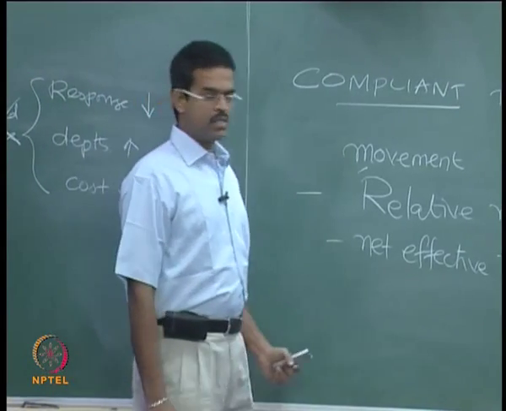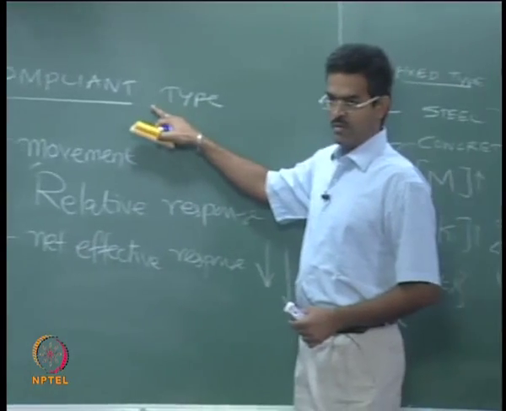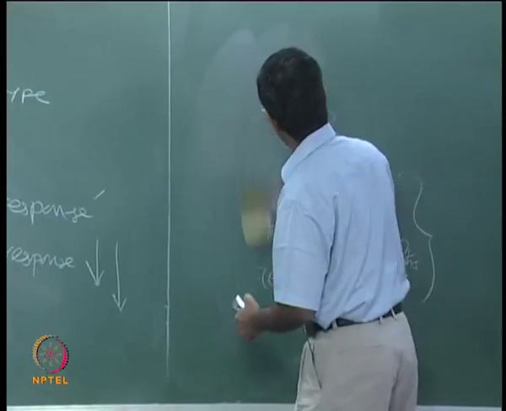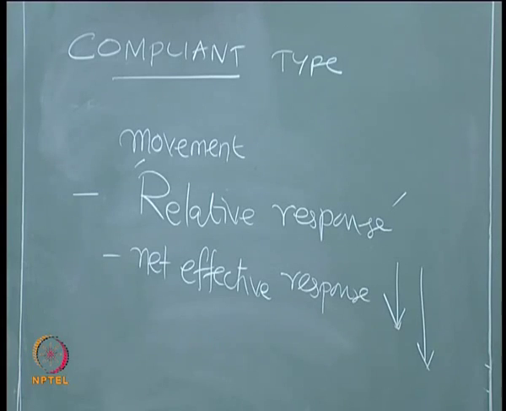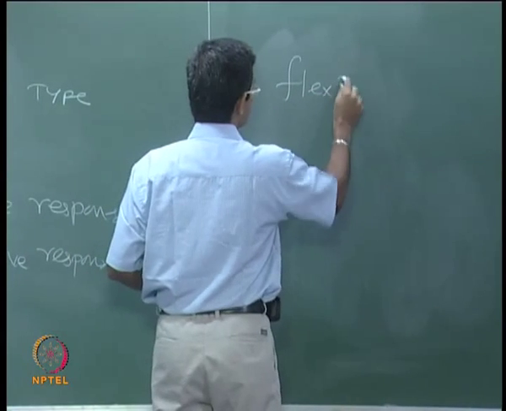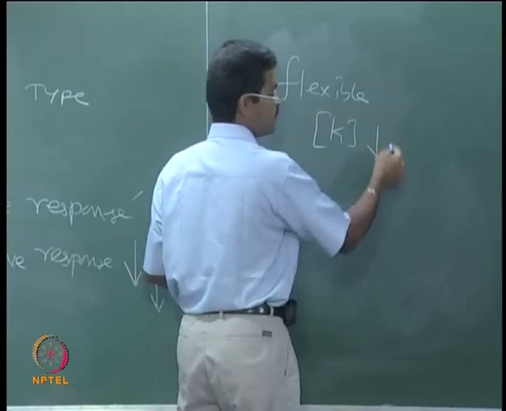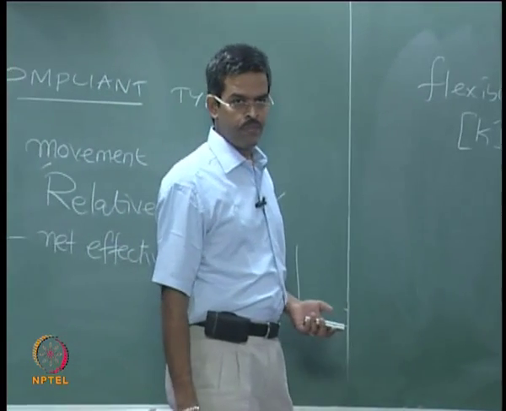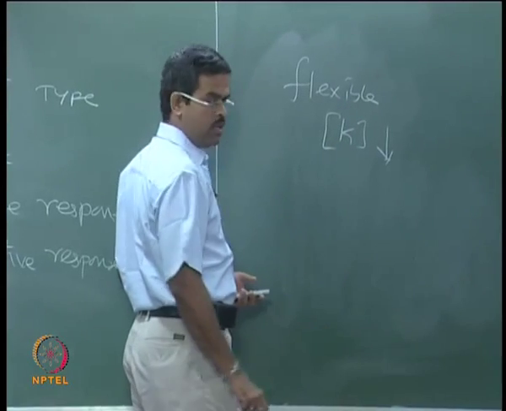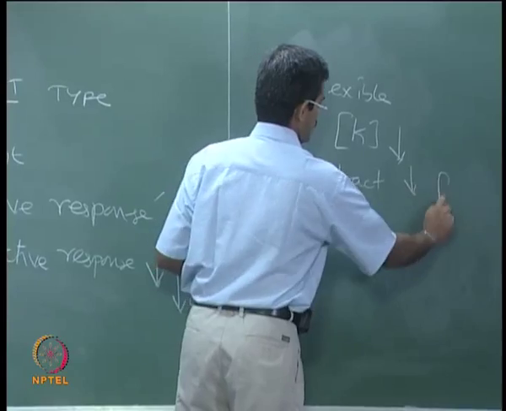And interestingly, as an engineer you can easily understand, when I have a form which has movement, then this form needs to remain flexible. It means the stiffness of these platforms is lower. The moment I say stiffness is lower or the system is flexible, it will attract less forces.